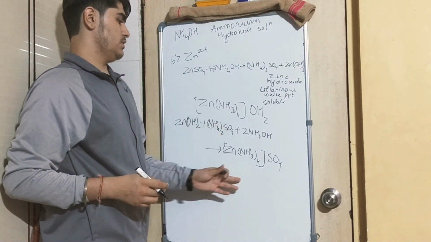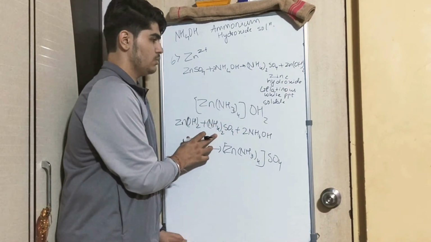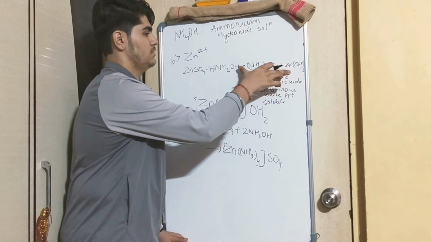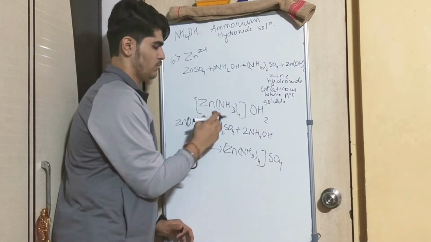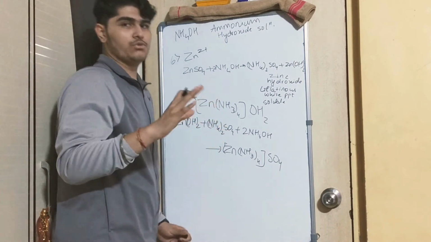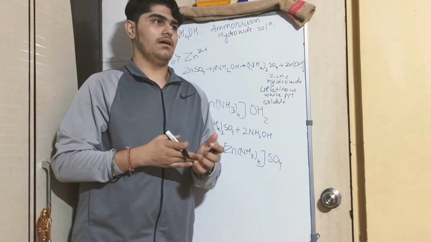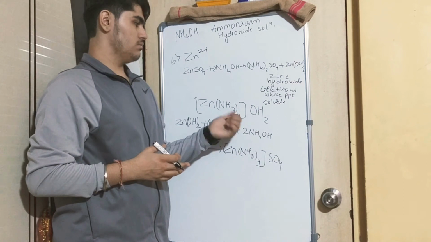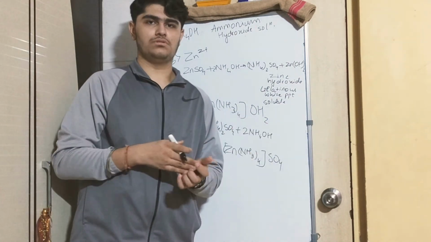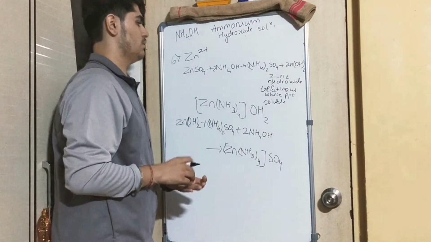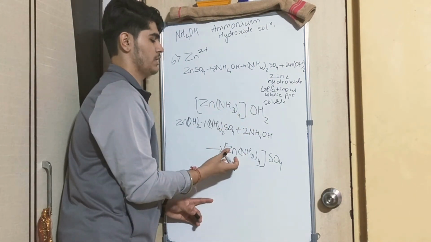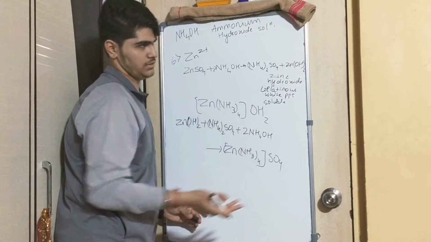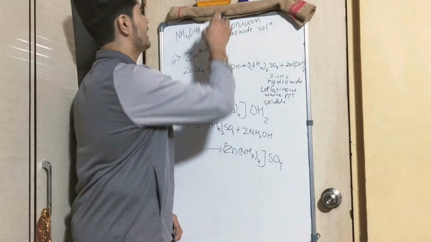This is the difference if you react with these two and these two separately. Understanding? Both the reactions are correct, but you have to write the reaction which is told in the boards, otherwise you will write it different. If you are given to write this, you will write this, and if you are given to write this, you will write this, vice versa. Don't make any mistakes.